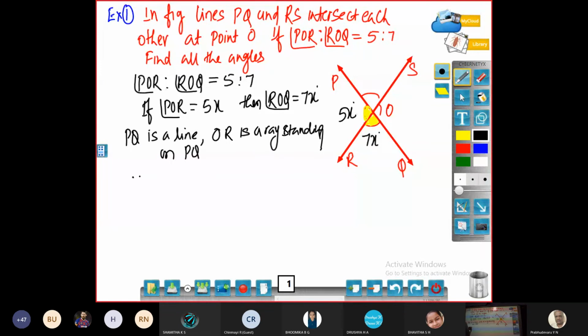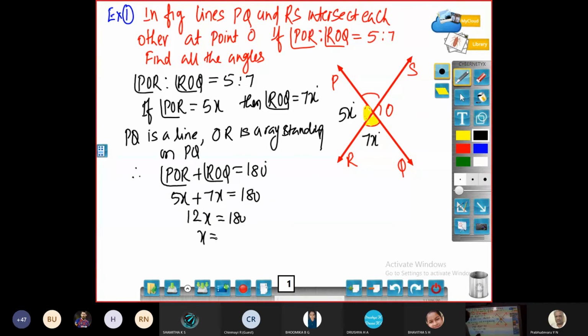Therefore, by axiom 6.1, POR plus ROQ is equal to 180 degrees. So 5x plus 7x is equal to 180 degrees. Therefore, 12x is equal to 180 degrees. X is equal to 180 divided by 12.